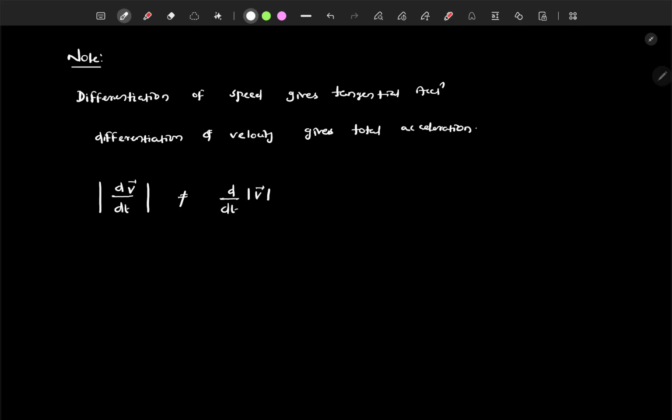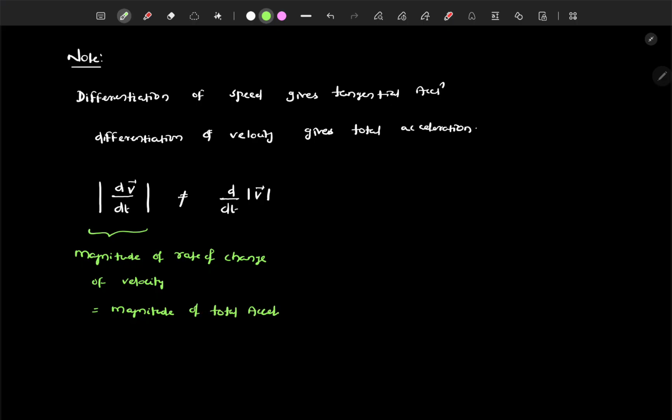vector mod only. So on the left side what I have written, dv vector by dt magnitude, means magnitude of rate of change of velocity, that is called magnitude of total acceleration, because differentiation of velocity is total acceleration.